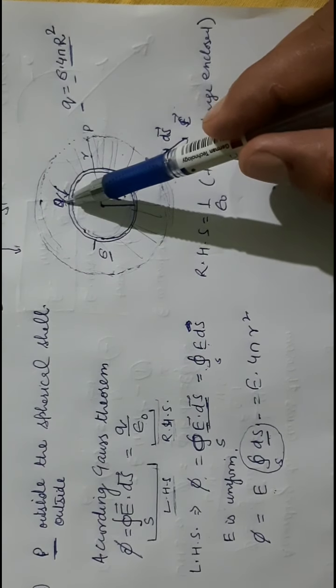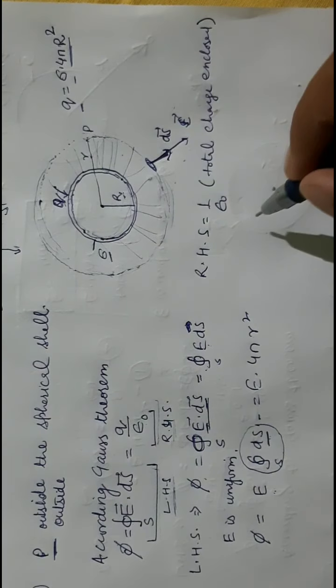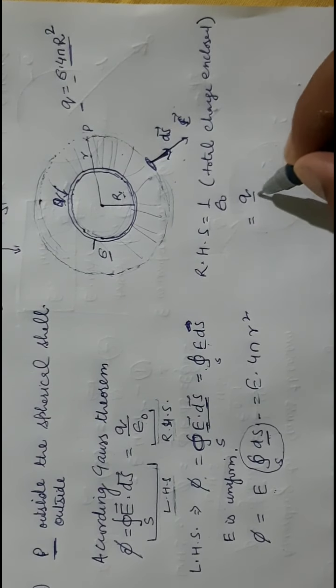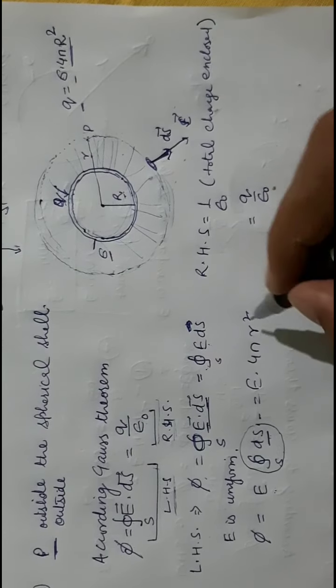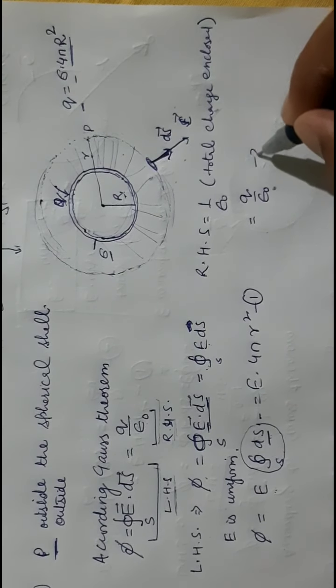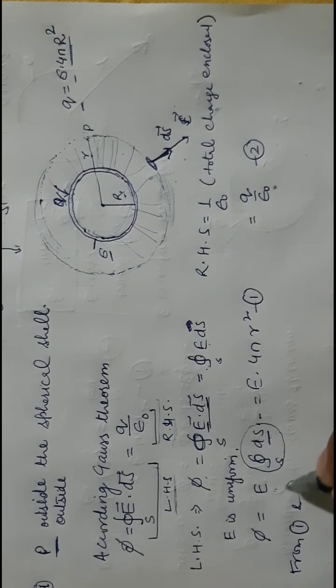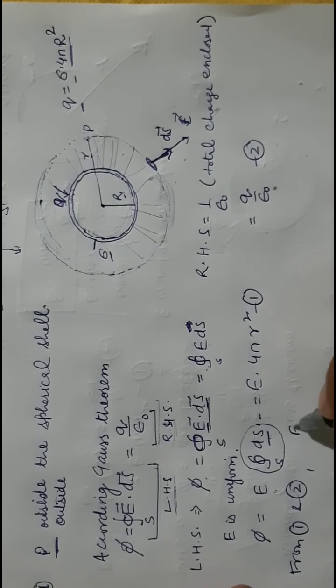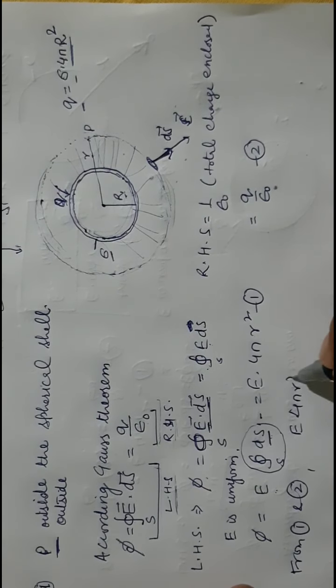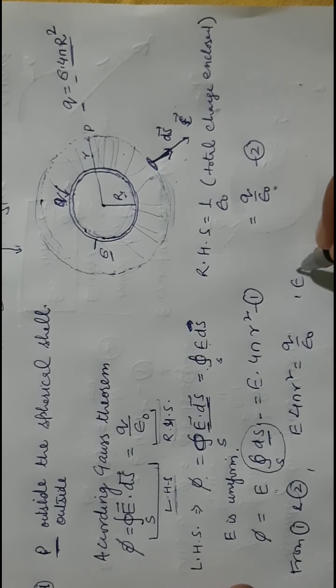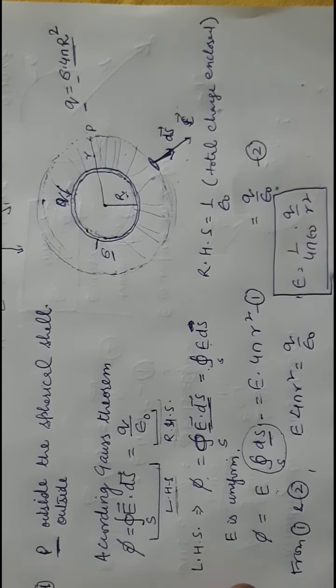I have given Q charge here, so the right hand side becomes Q by epsilon naught. This is our equation 1 and this is our equation 2. From 1 and 2, E 4 pi r square is equal to Q divided by epsilon naught. If we solve it, E is equal to 1 upon 4 pi epsilon naught times Q by r square. So this is your electric field.